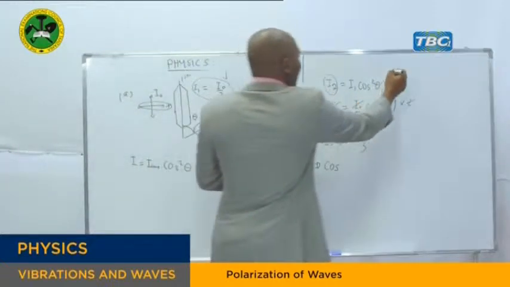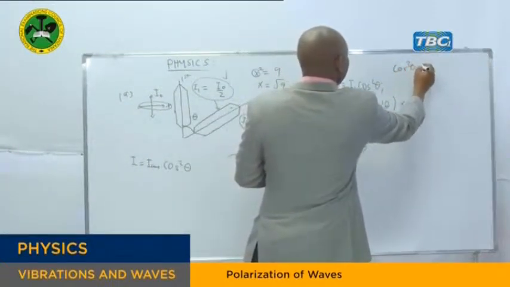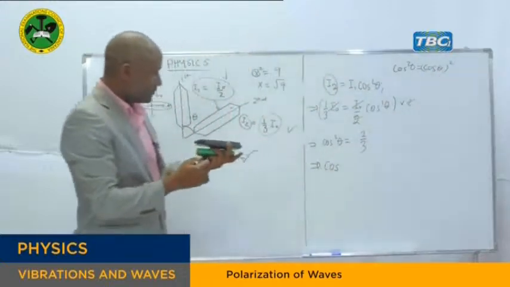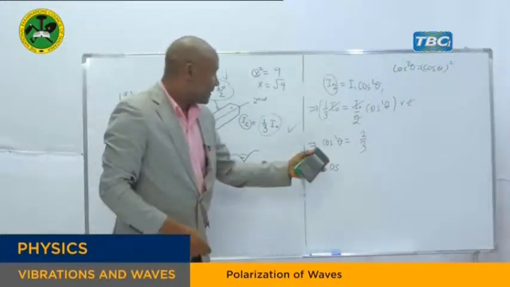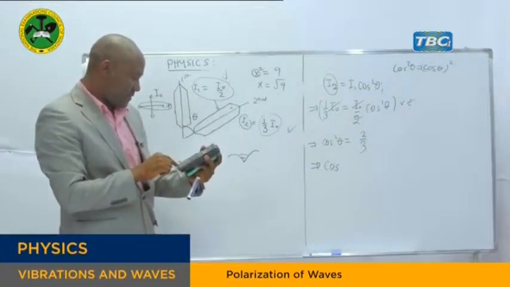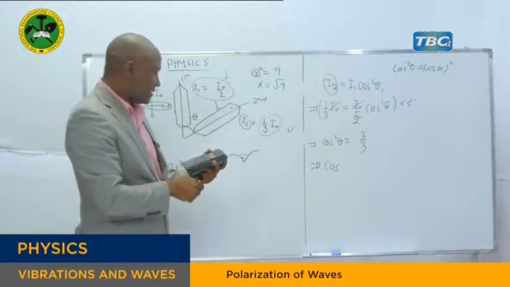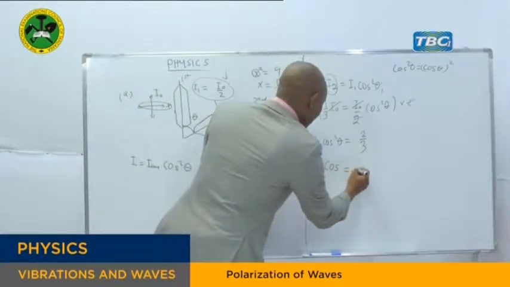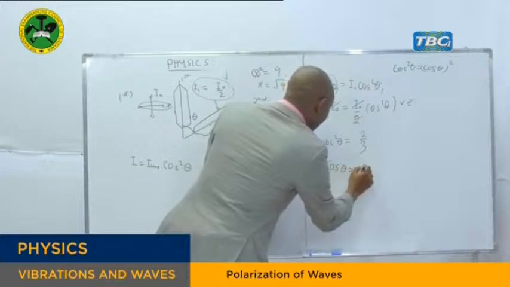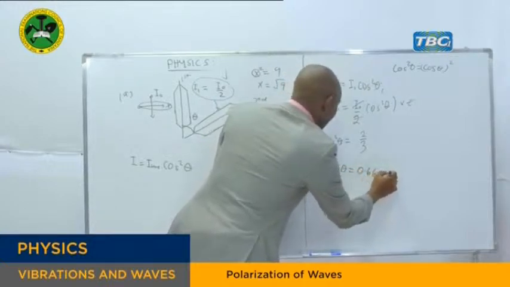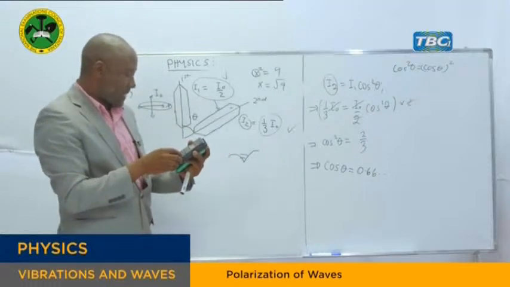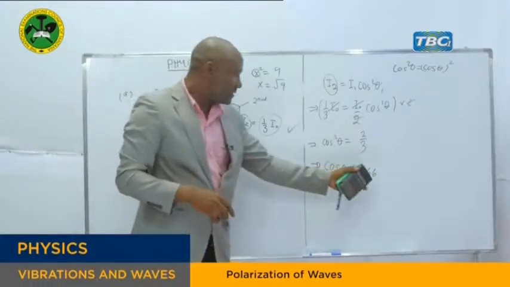Sometimes the cosine squared in mathematics is written as the cosine of that angle, squared. So let's find the square root of 2/3. It gives us 0.66. In other words, cos of the angle theta is 0.816, and because it's repeating, you don't write a rounded approximation.